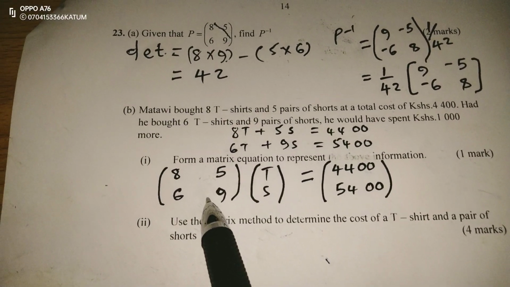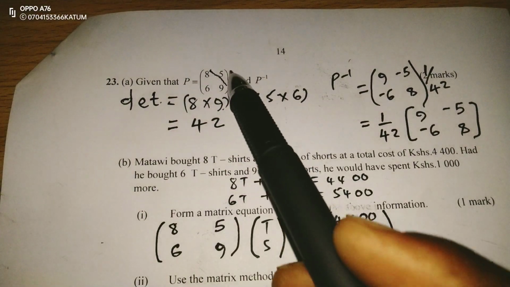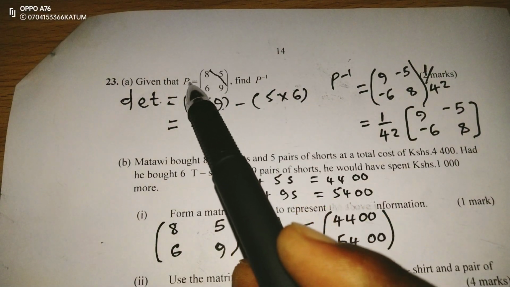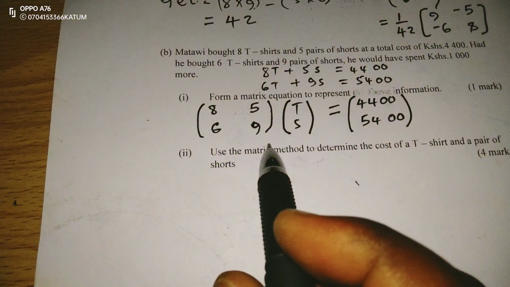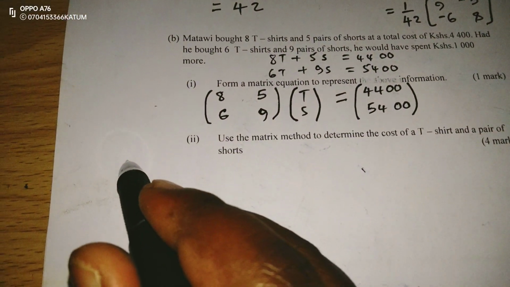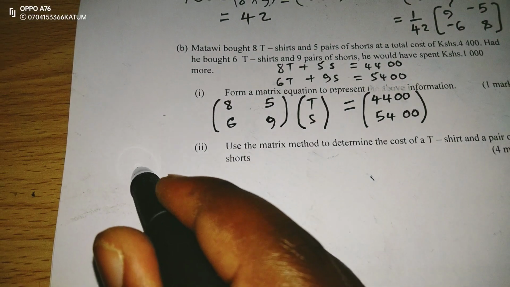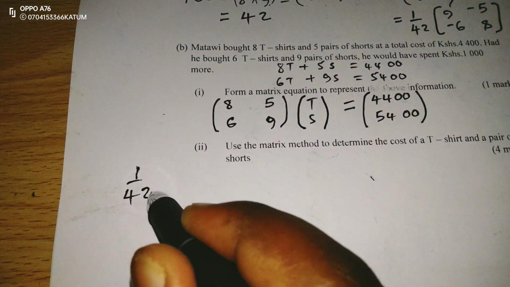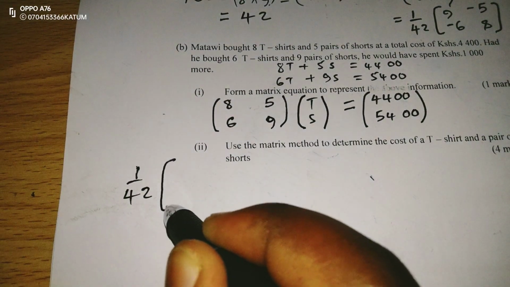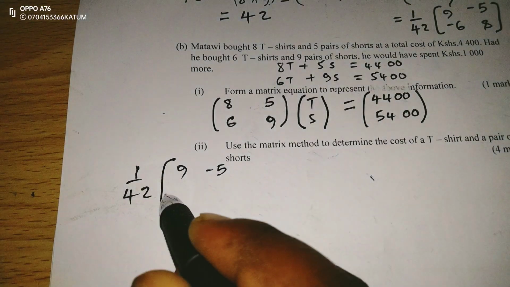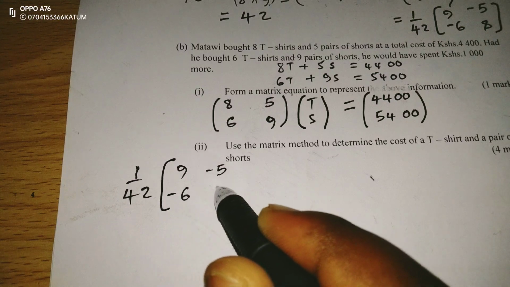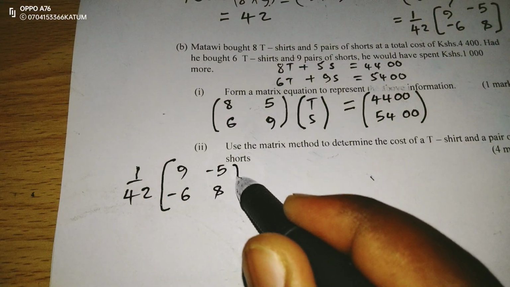The coefficients matrix we had already been given, and we've already found the inverse, so it is just about substituting it now. 1 over 42 into 9, negative 5, negative 6, 8.